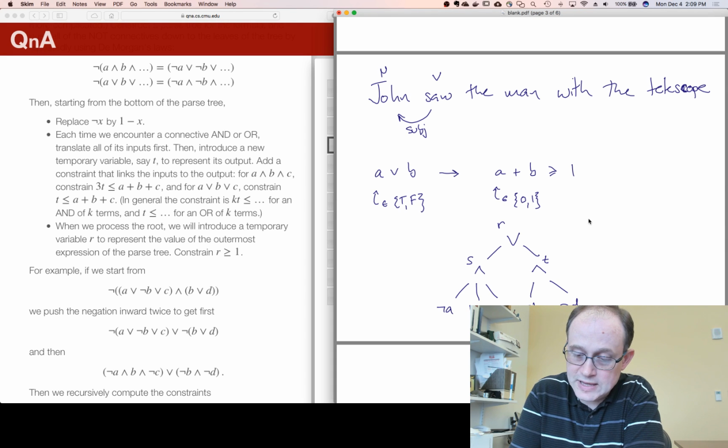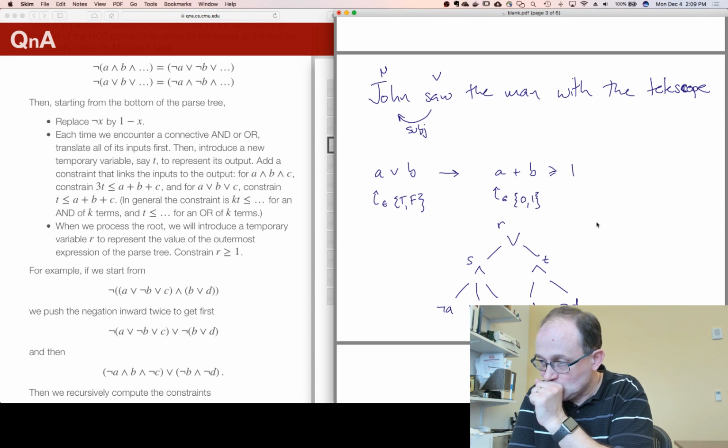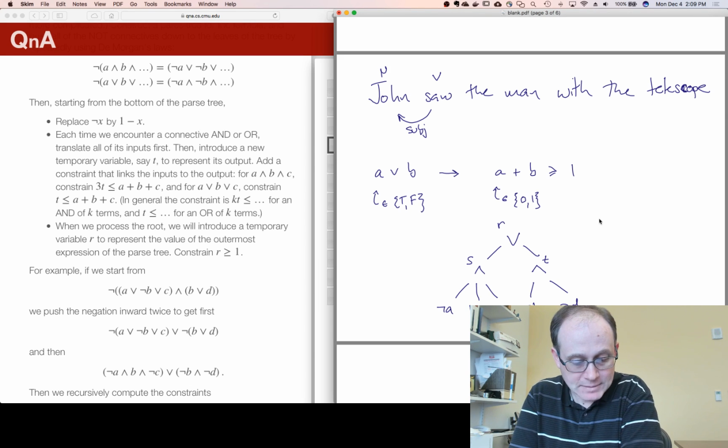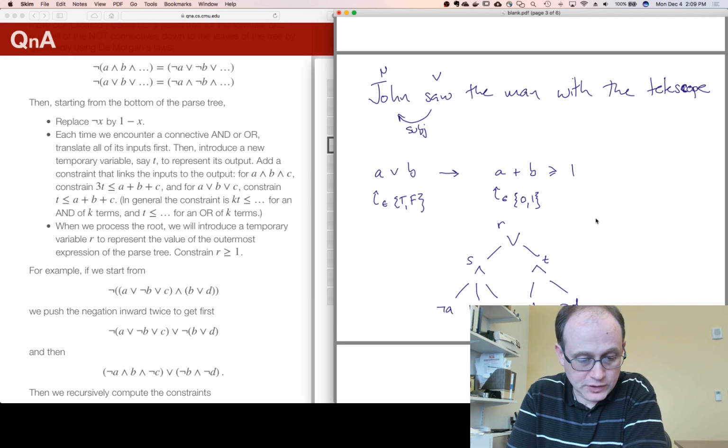So we'll say that 3S has to be less than or equal to not A, which is 1 minus A, plus B, plus 1 minus C, right?